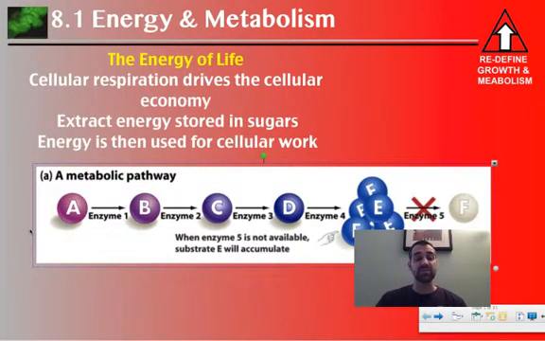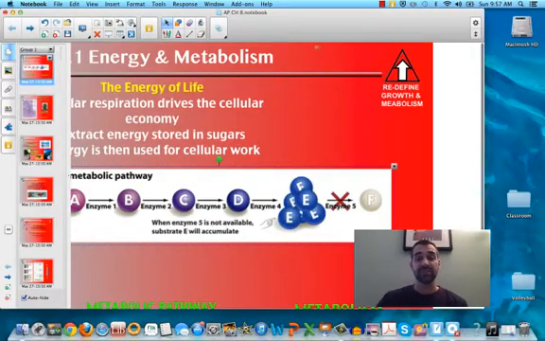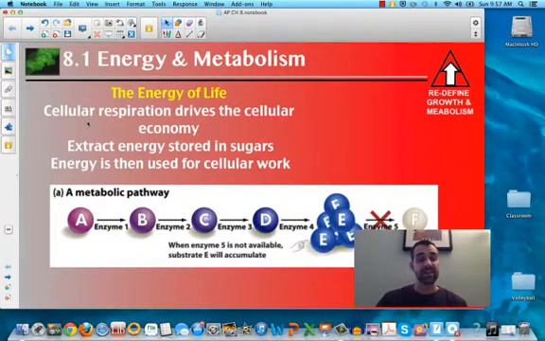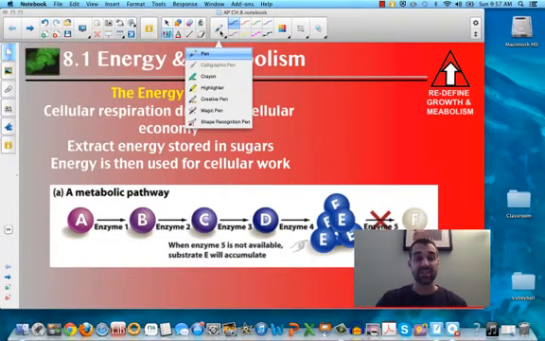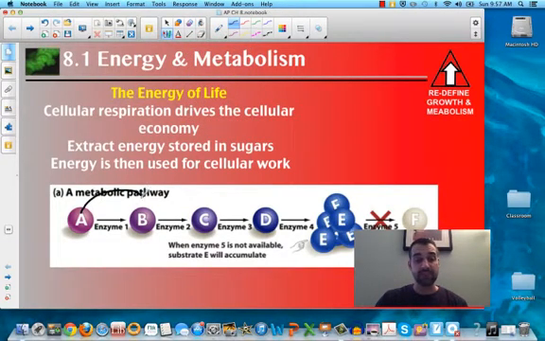So I think that you understand it. First and foremost, the reason why I'm showing you this is that it's important for you guys to realize that the product of one reaction can become the reactant for the next. And that's really just a big concept, is that A is going to become B. So A, being the reactant, gets turned into the product B. But product B is then the reactant for the next chemical reaction using enzyme 2.